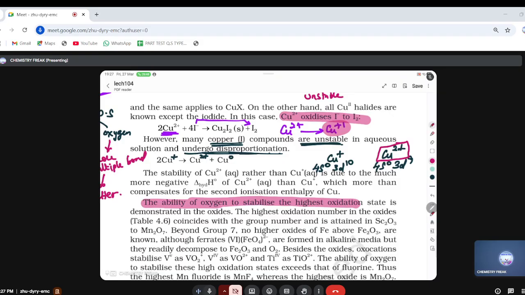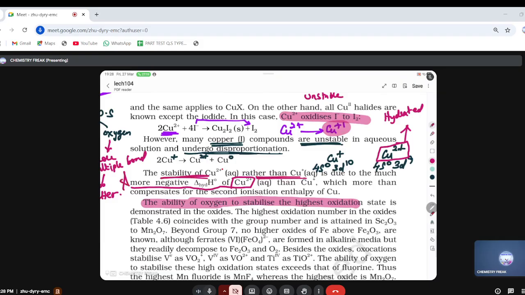Why? Because when you dissolve these salts in water, when you dissolve this and this in water, this fellow is more hydrated. The OH minus in water likes copper 2 plus much more than copper plus. That is its nature. So because of more negative hydration enthalpy of copper 2 plus, copper 2 plus is stable rather than copper plus.